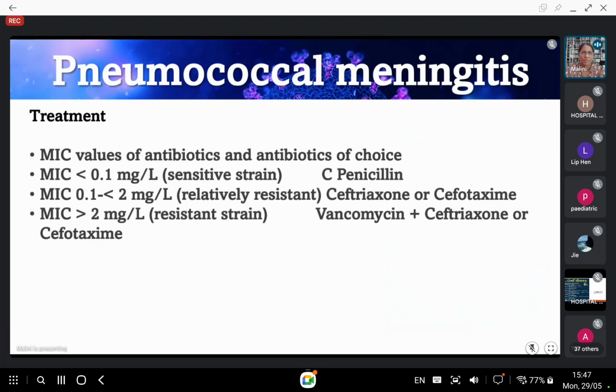Treatment should be based on the MIC value. I think we start off with ceftriaxone. However, based on the resistance, we need to escalate. In fact, recently we had a pneumococcal meningitis with a resistant strain, and I think this is the first that our ID has seen in Perak.